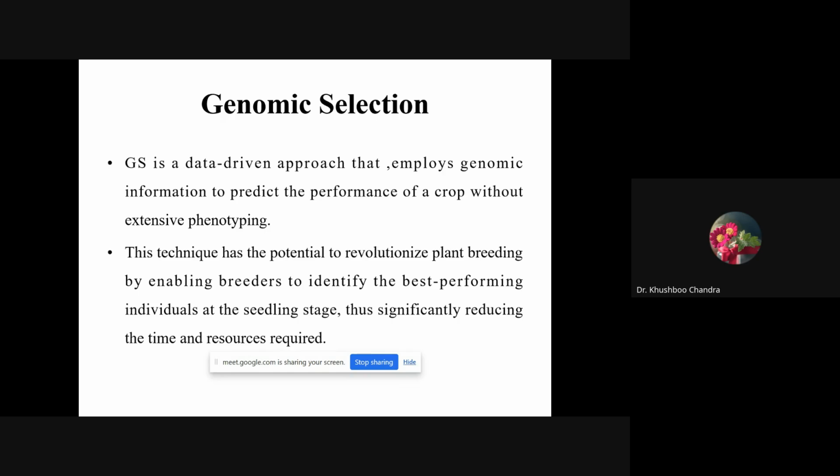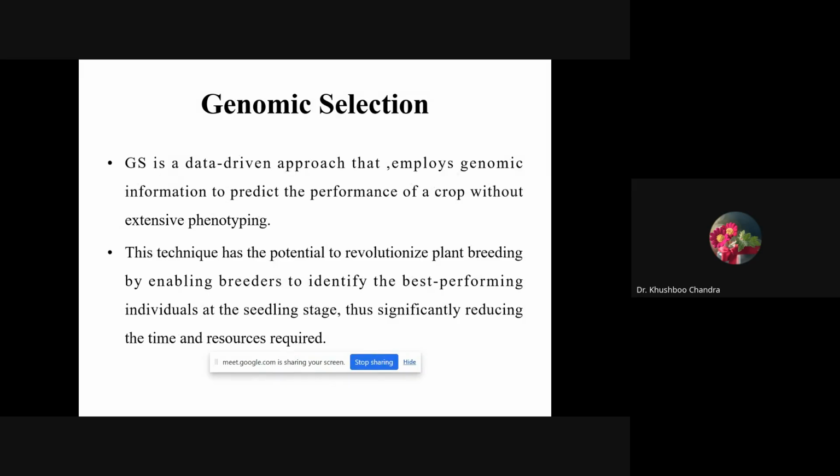So now coming to genomic selection. Genomic selection predicts the breeding value using genome-wide marker data without extensive phenotyping. It also gives you the opportunity for early selection at the seedling stage, which significantly reduces the breeding time. It means if at the seedling stage you are able to identify the trait of your interest, this will reduce your breeding time.